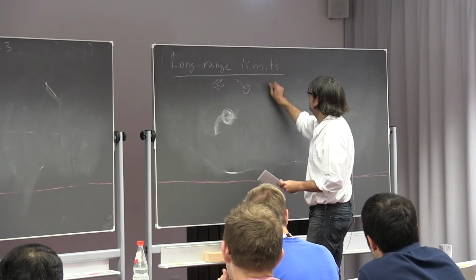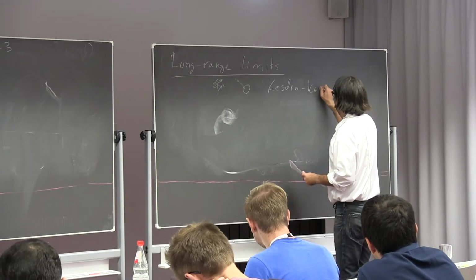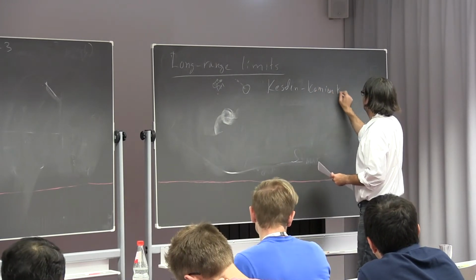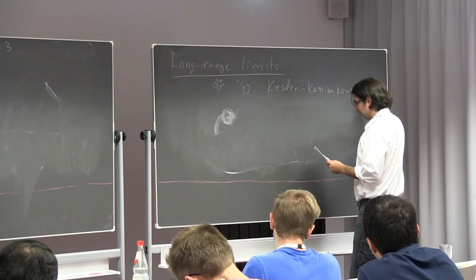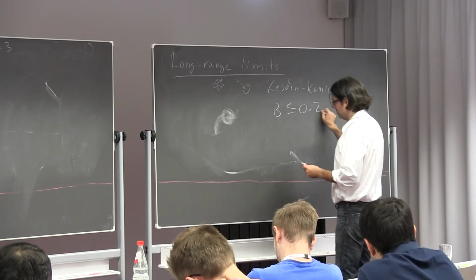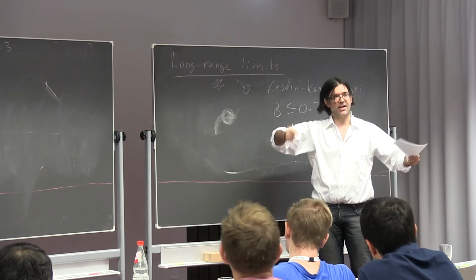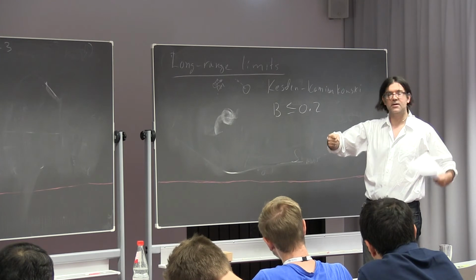And so Kesden and Kamionkowski quantified this, where they parameterized it with some number they called B, that should be less than 0.2, and this is the strength of the interaction compared to gravity, okay?